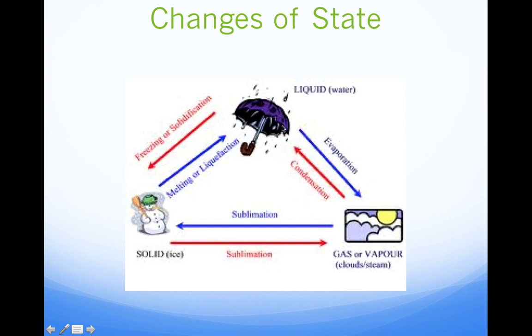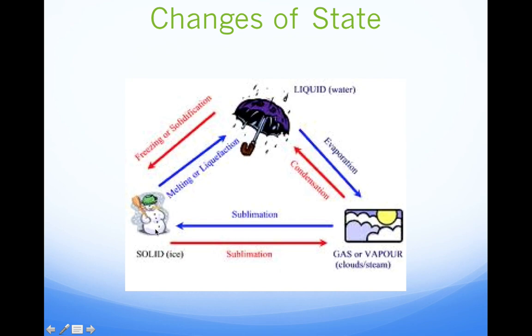Now if I cool this yet again, this liquid water, think about right now in the Canadian winters, what happened to all the lakes, the top layer of the water in the lakes? Well, it froze. So now if I cool this liquid water to its freezing point, I'm going to get this process called freezing, and I'm going to turn it back into solid ice.